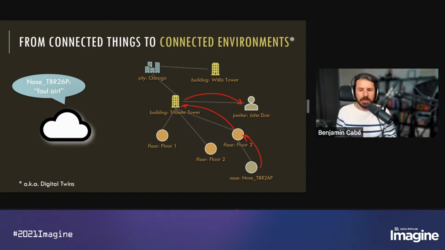Maybe the device will be decommissioned or will be moved from one floor to the other. But what's important is that at a given point in time, the nose is somewhere. And so when the nose says it smells nasty, where is it? You just need to navigate the graph, right? And so, yes, the nose is deployed on floor 3 of such and such building.